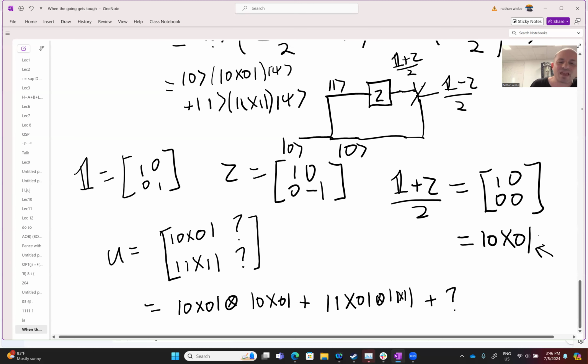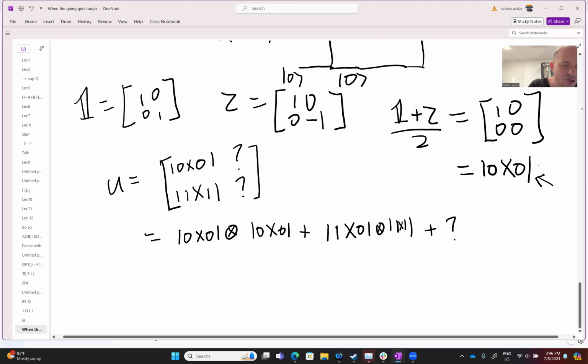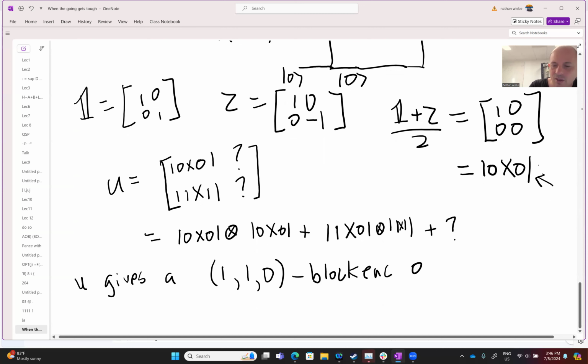Okay, so this is very clearly a block encoding. And we can see that, in terms of block encoding language, U gives a block encoding of the projector onto 0, because there's no error here.